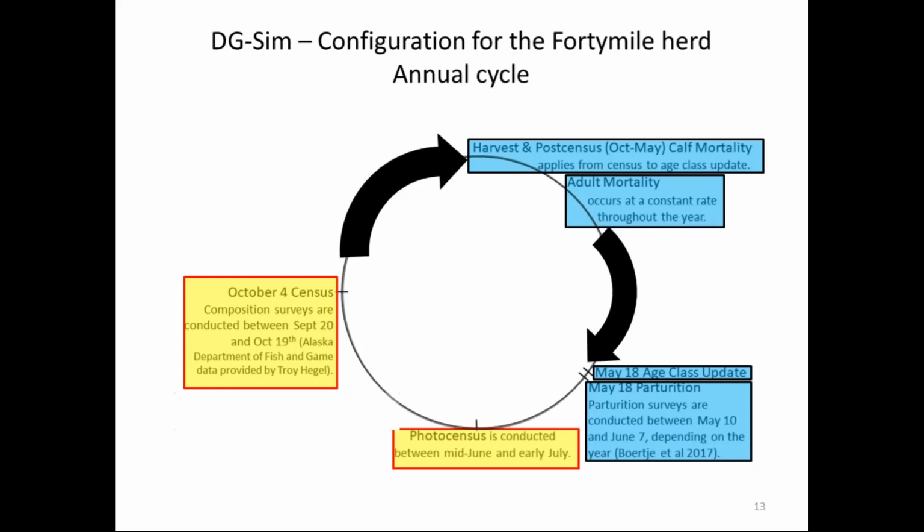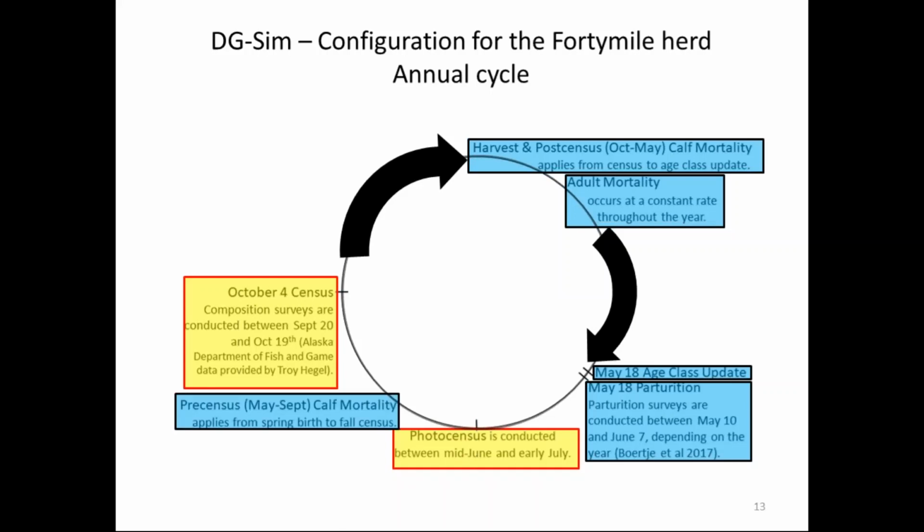Now, there's also a photocensus conducted in the summertime between mid-June and early July, but that's not included in the model. The reason that's not included is currently the software only allows for one census time period. But I'm just putting that here because I know people will be aware of that photocensus.